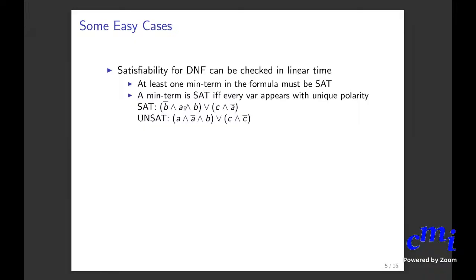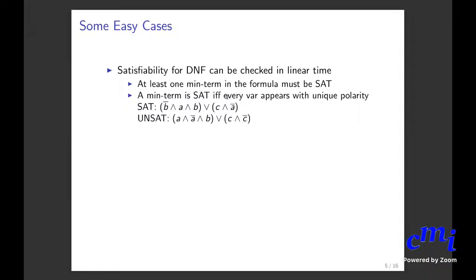Now, a cube term, since it's a conjunction of literals, is satisfiable only if all the literals in it are satisfiable. Therefore, you can make one pass over the formula in DNF, checking until you find a cube term which can be given an assignment to make it satisfiable.